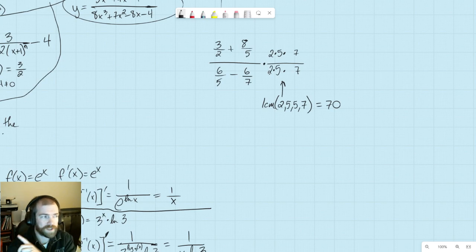Or you can leave them as individual terms, which I actually prefer. Reason being, you're going to multiply this to all the things.